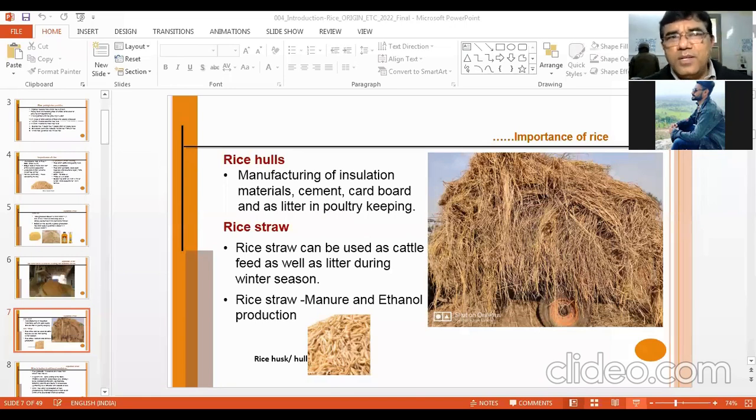Now it also has some value in Indian traditional medicines, like rice products are used, different products are there for rice. So in Ayurveda, it is used as an acrid. Acrid means sharp to the taste, irritating, pungent, oleaginous, oily or greasy, tonic, increasing strength, aphrodisiac, fattening, diuretic, and useful in biliousness.